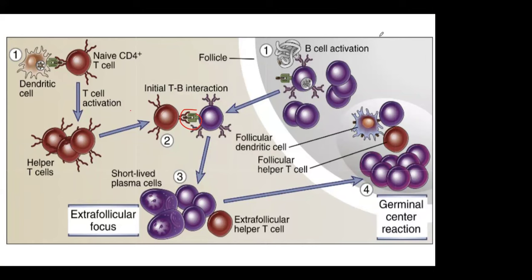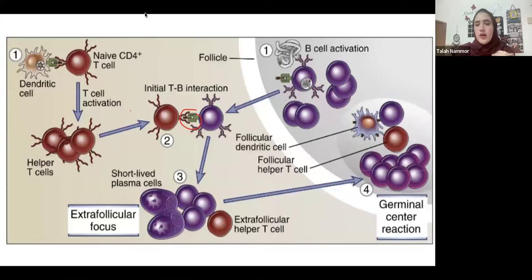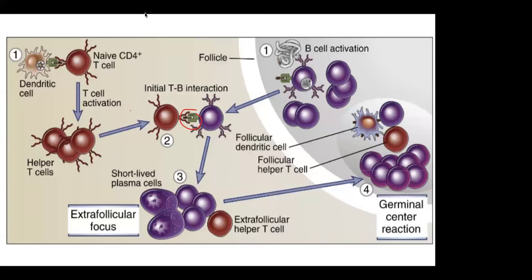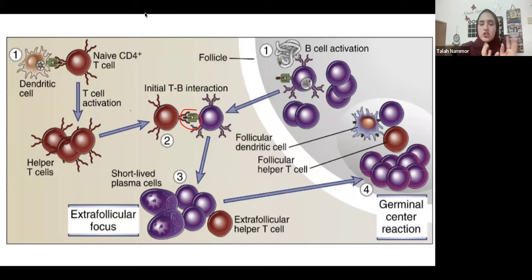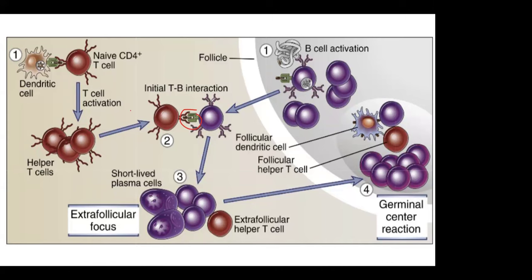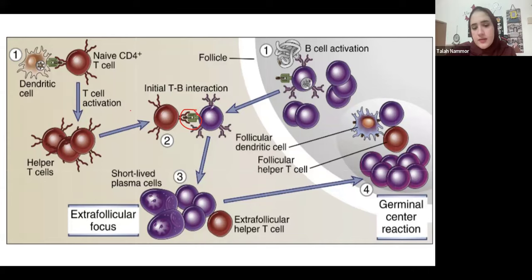So basically for the T cell, we're only going to need the antigen to activate it. In this case, we're going to talk about other activations later on. But in this specific case, we only need the antigen to activate the naive CD4 T cell to form helper cells. All right?